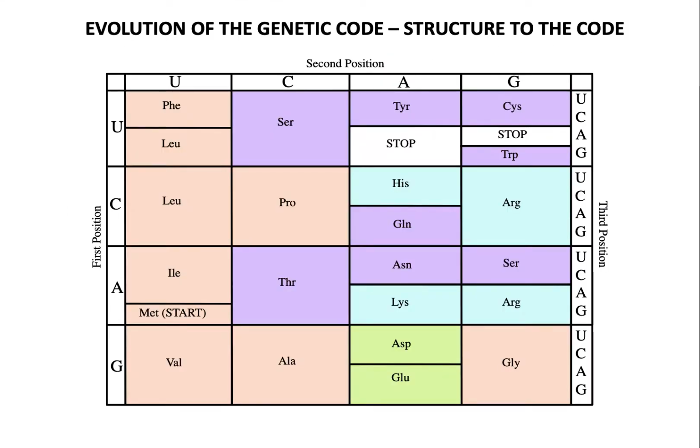And as I mentioned a few slides ago, the genetic code has been studied also as to its evolution, and it's clear that it started from a much simpler code, and I want to talk about that now.